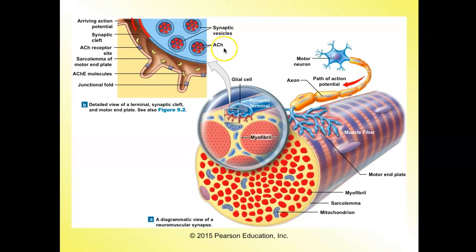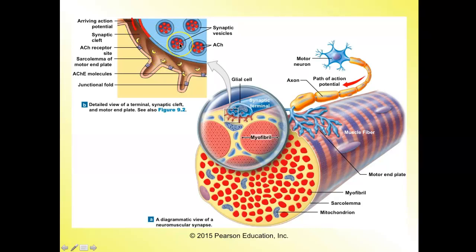It's abbreviated ACH. All right, so I want you to know how to spell out and how to write out acetylcholine. So the acetylcholine is stored here, and it waits for an action potential coming from the neuron, right? And when the action potential reaches the end, it actually causes the acetylcholine to be released into the cleft.